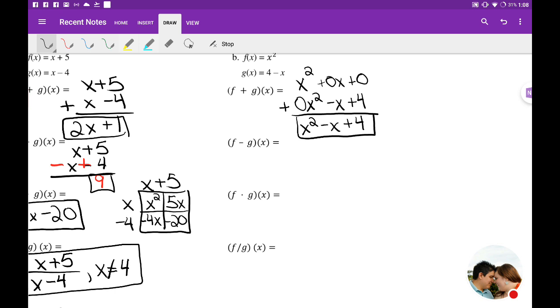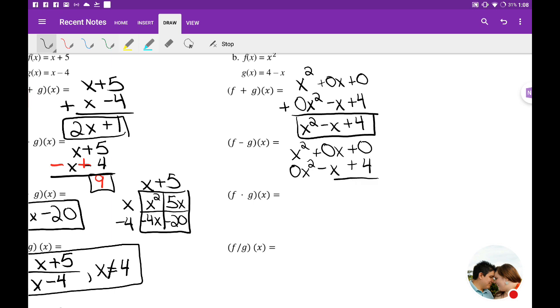Subtraction looks very similar. X squared, we don't have any just x's, and we don't have any constants. And in the g function, we don't have any x squareds, but we have a negative x and a positive 4.